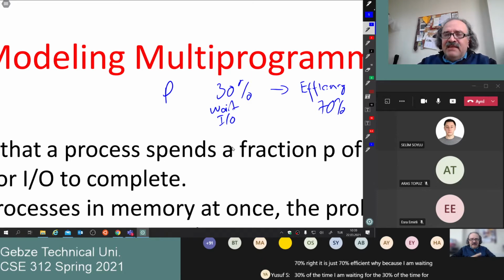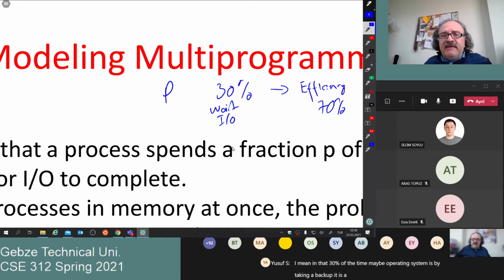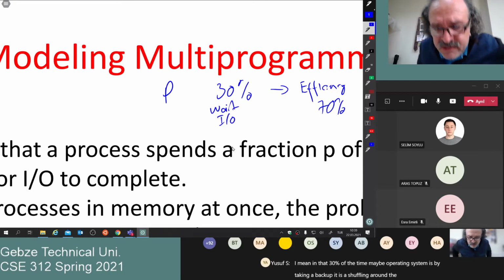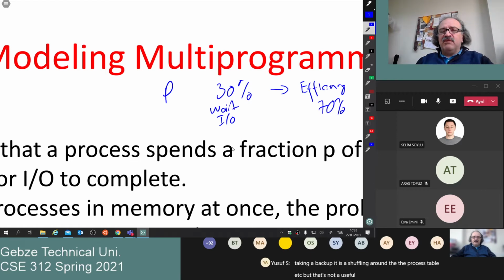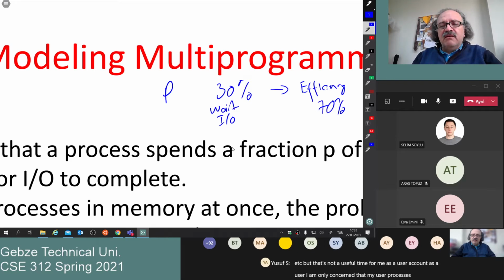You might say that the operating system might be doing something. I mean, in that 30% of the time, maybe the operating system is taking a backup. It is shuffling around the process table, etc. But that's not useful time for me as a user. As a user, I am only concerned with my user processes, how much batch processing I did, etc. So that's good.